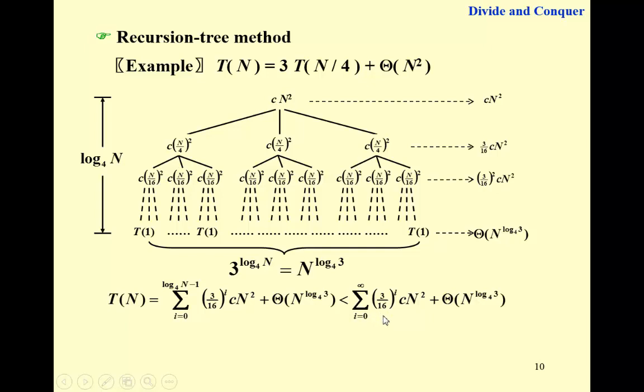What is the Taylor expansion of 1 over 1 minus x? Do you still remember? That's the infinite sum of x to the power i. So in this case, that specific x is just 3 over 16. So that infinite series converges to 1 over 1 minus this x, and then multiplied by cn squared plus big theta of n to the power of something.